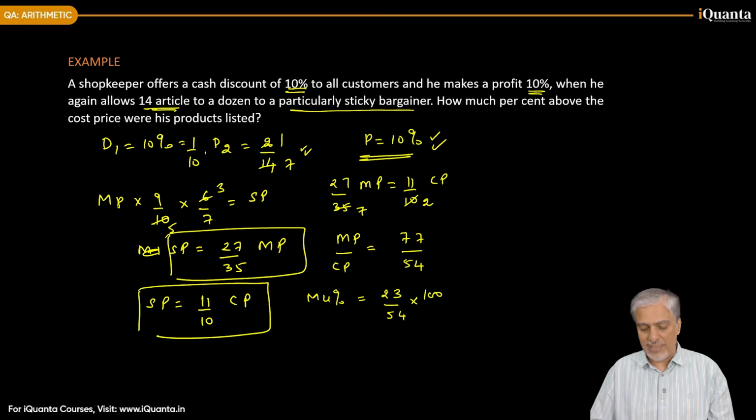Right? Calculations will be slightly difficult. That's okay. This will become 27 and this will become 50. So we'll have 23 5s is 115, 1150.